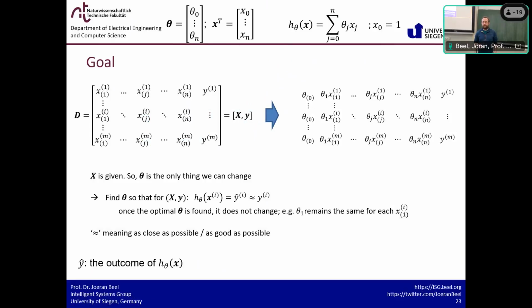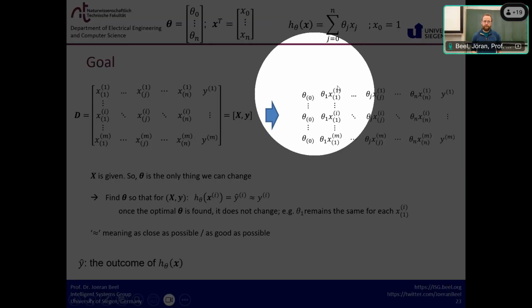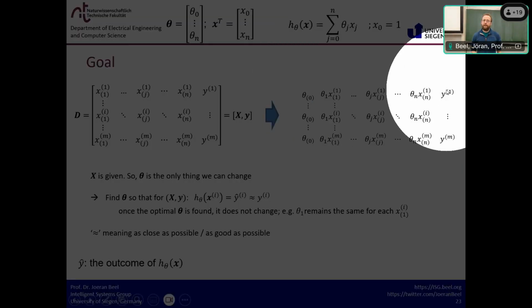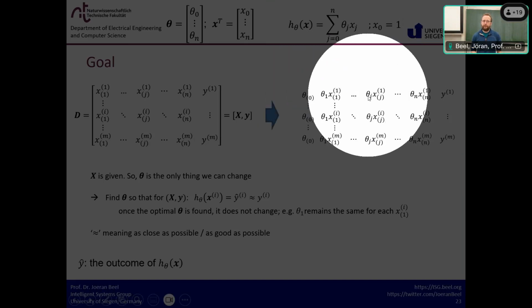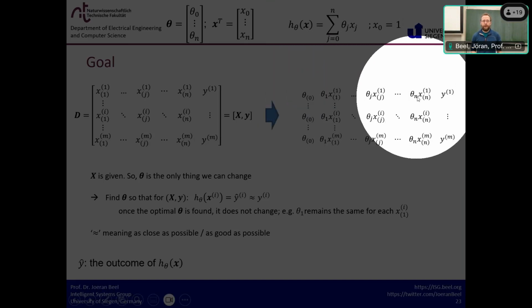So our goal now becomes to find the vector theta for each parameter, theta 1 to n, so that when we calculate this, we get y. If we somehow find the right theta here, here, here, and here, then the weighted sum of all of this will be this, or at least close to this.